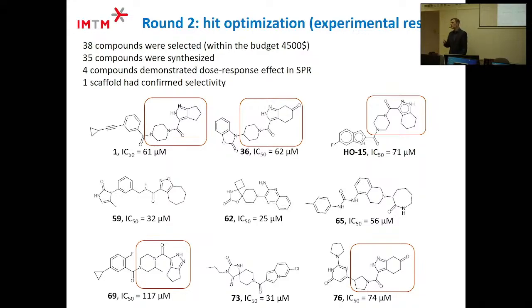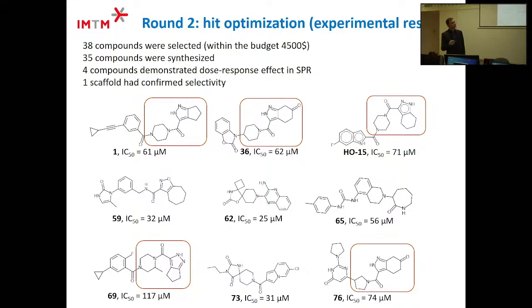But for those hits, they also applied an orthogonal assay to demonstrate that those compounds really bind, because they are weak binders, not only our compounds, others as well. And that's why they applied NMR or calorimetry just to additionally support this evidence.